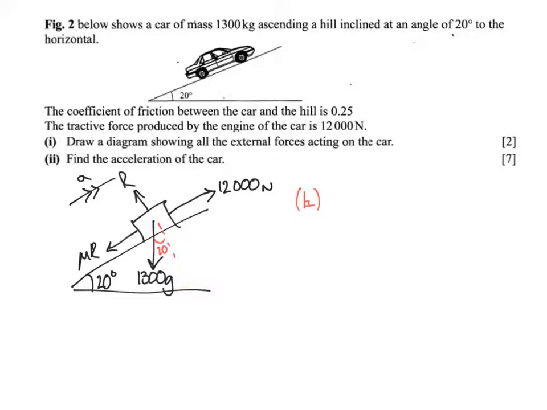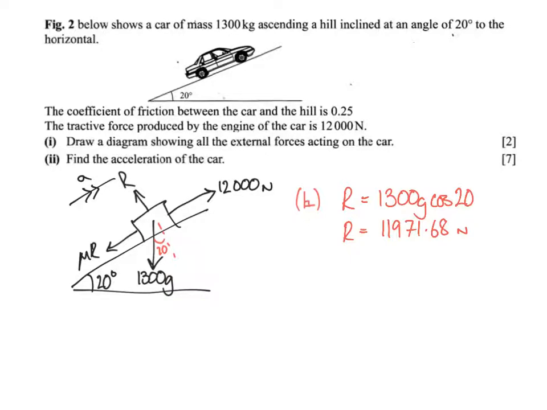So here we get that R is equal to 1300 g, but we need to resolve that through the angle of 20 degrees, so it's 1300 g cos 20. You can work that out on your calculator, something like 11,971.68 newtons. I've done that to 7 significant figures. It's much better to be more accurate at this stage than not. We'll round our final answer to 3 significant figures, but not yet.